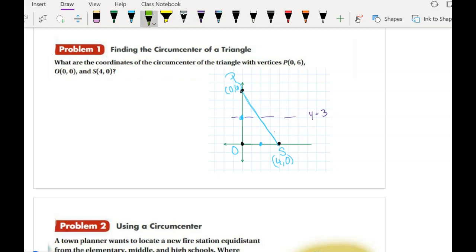And let's take a look at this one. So this would be the perpendicular bisector. And what's the equation of this line? It's x equals 2. So where do these 2 lines intersect?